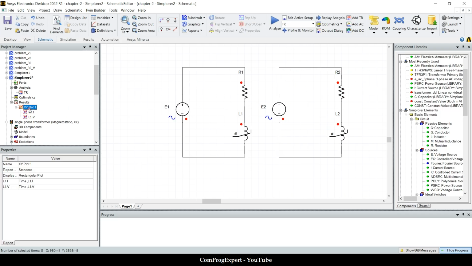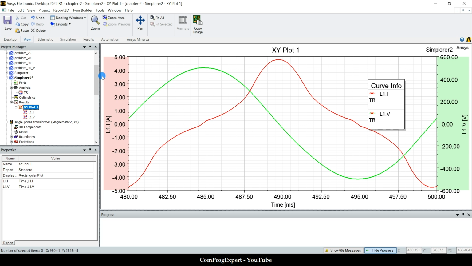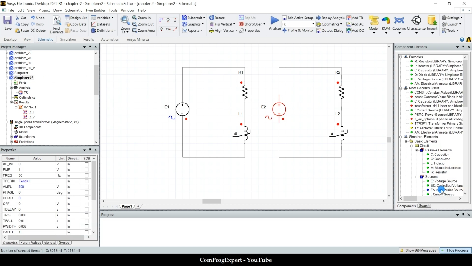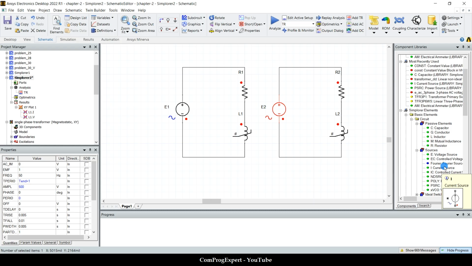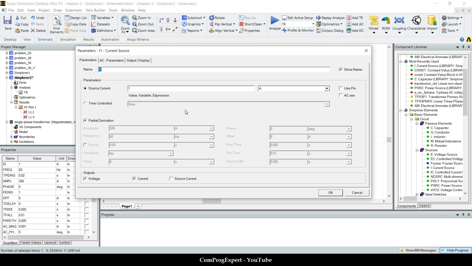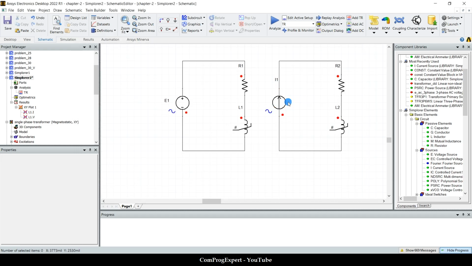Just what was the peak value of the current? Around 5. If I replace this voltage source with this current source, the peak value equal to 5, and let's consider the frequency 50 hertz. That's all.